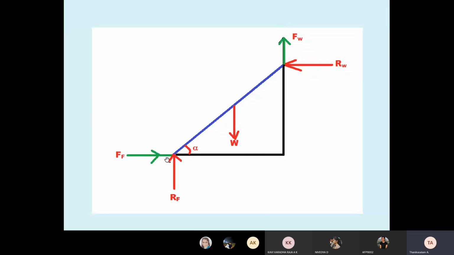The ladder is in contact with the floor, therefore the reaction Rf. Reaction at the wall, Rw. Why left side? The ladder is touching on the right side, therefore the reaction is to the left side. Similarly, at the bottom the ladder is touching the floor, therefore the reaction Rf is upward.